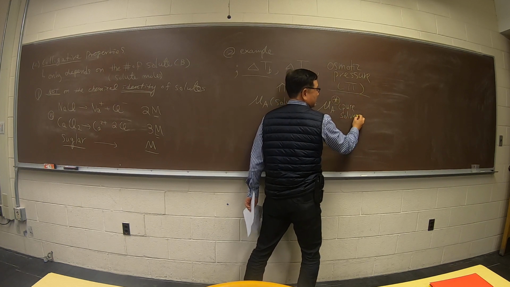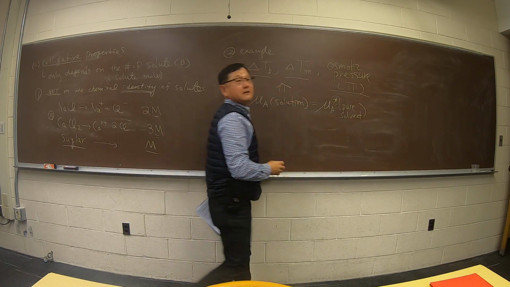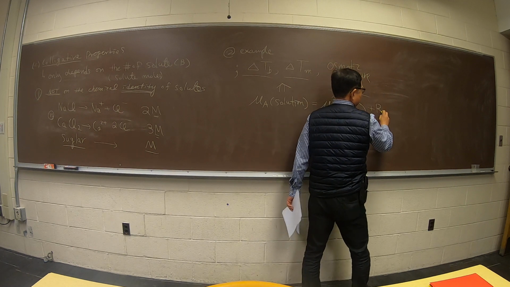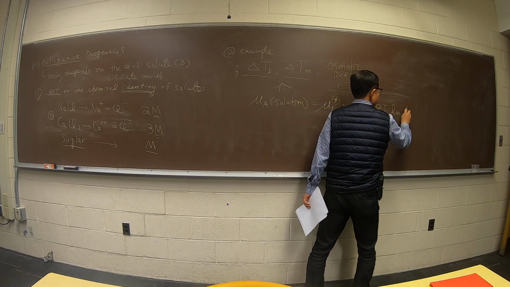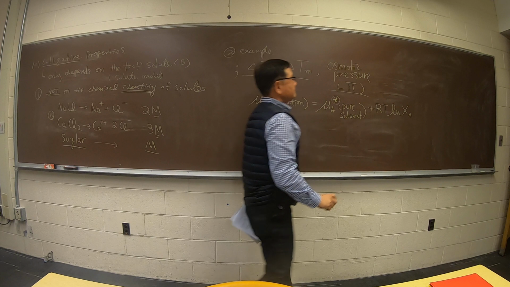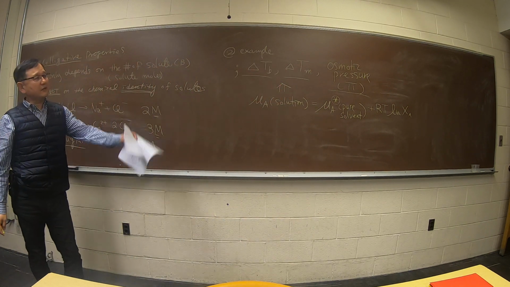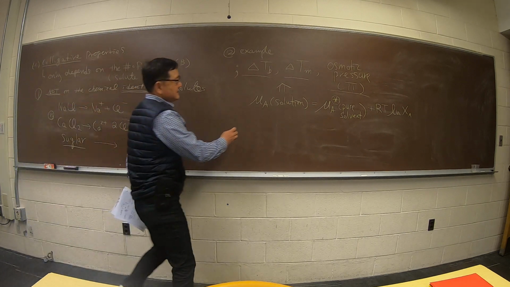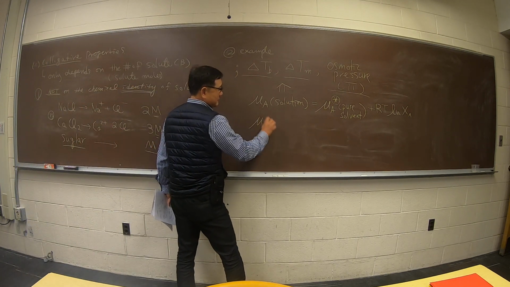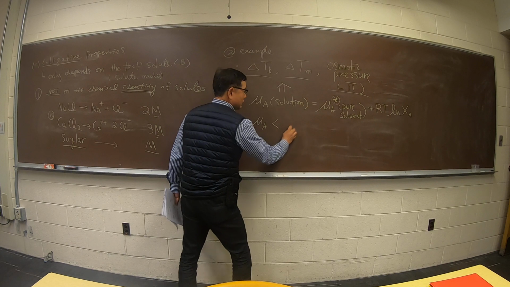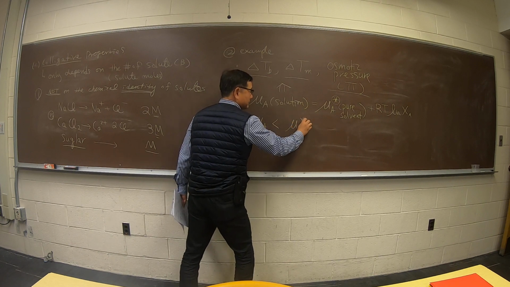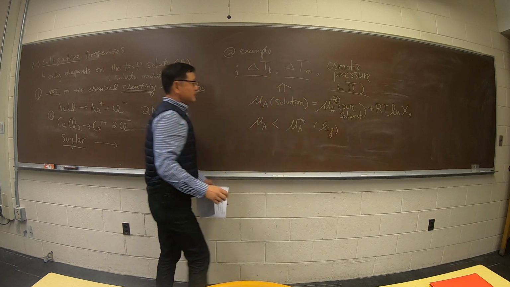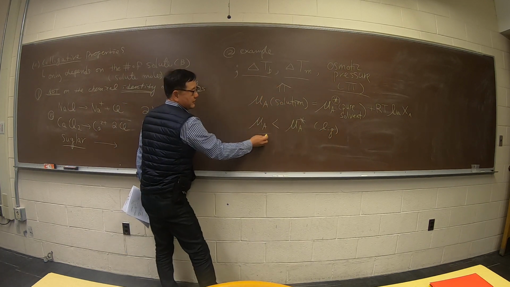So mu A equals mu A star plus RT natural log XA. That's an equation that we just learned last class. And I told you before, the chemical potential in solution is lower than the chemical potential of the pure liquid. For liquid in solution, they have a lower chemical potential.